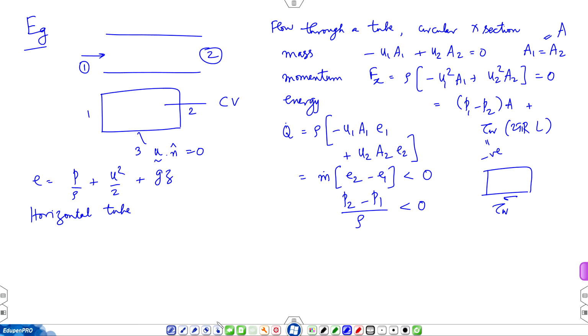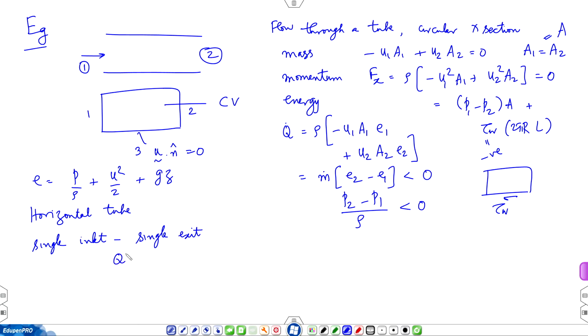But you can't just pick one inlet out of that entire collection and one exit out of the other collection. You have to sum them all up. So, this is an example of a single inlet, single exit problem. So, you see that q dot is equal to m dot E 2 minus E 1.